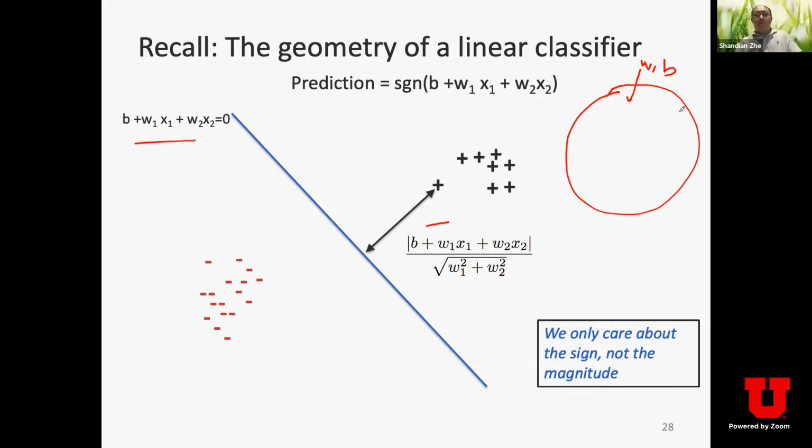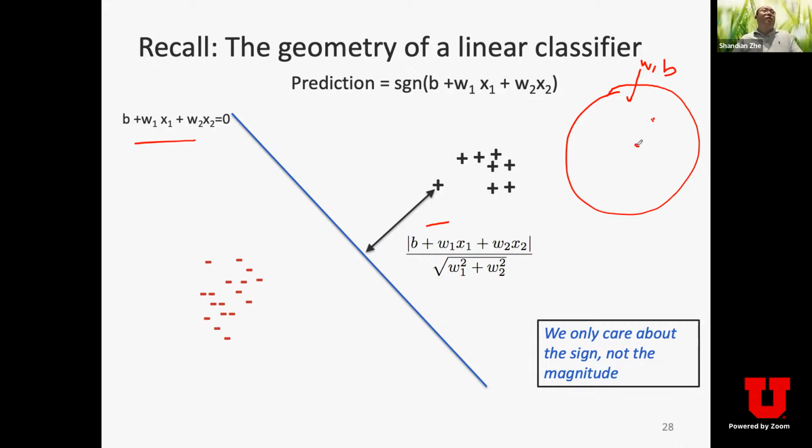Why? Because for any point, any W and B instance here, if you scale it to another point, these two points correspond to exactly the same linear classifier. You take some W and B here and divide by 10. It will be another point in this space, but they correspond to the same hyperplane. It corresponds to the same classifier.